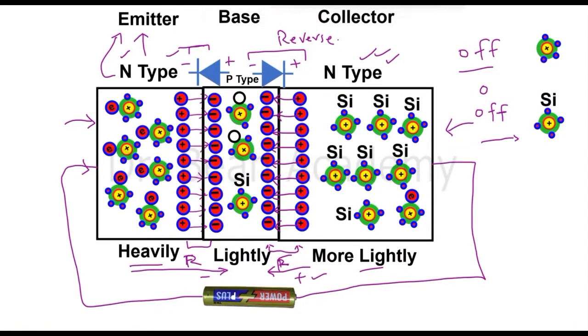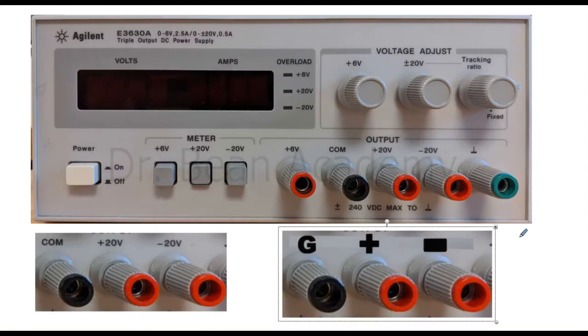Before I go forward, let's see how I will show the power supply. I showed you that this is a common DC power supply. It can give negative 20 volts at most or up to plus 20 volts, and this is the ground, or we call it the common port.